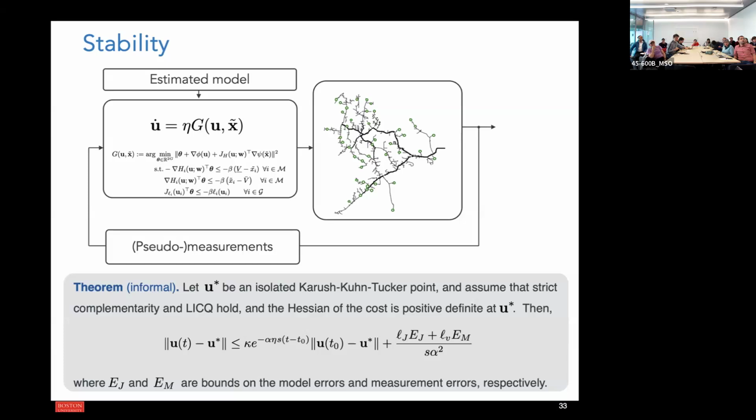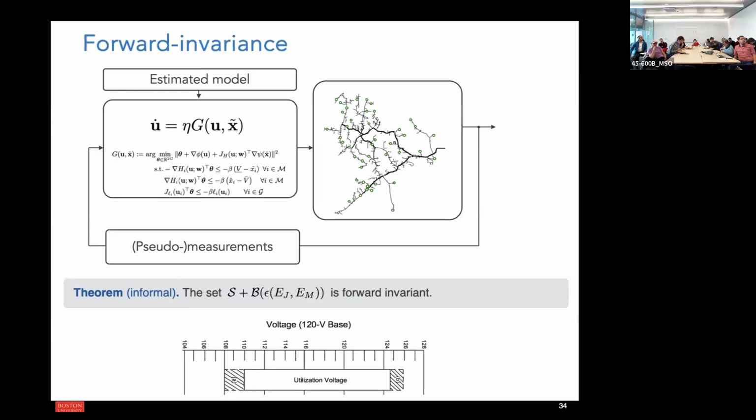EJ is the bound of the approximation error of the Jacobian, and EM is a bound of the error in the measurements. So this is a practical local exponential stability result.